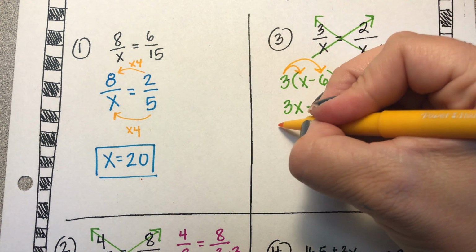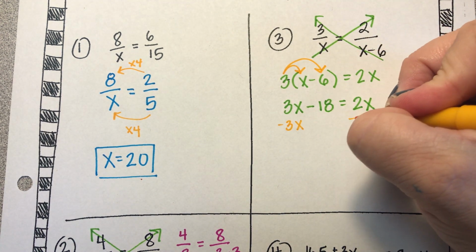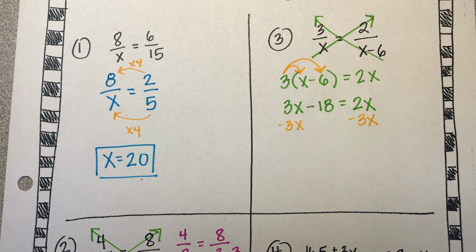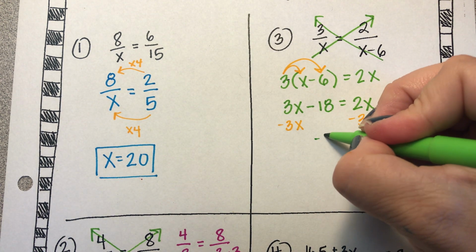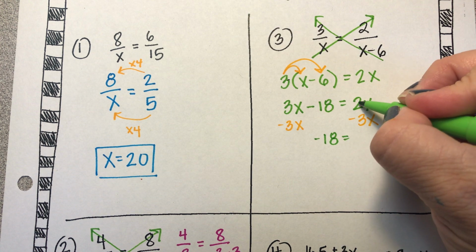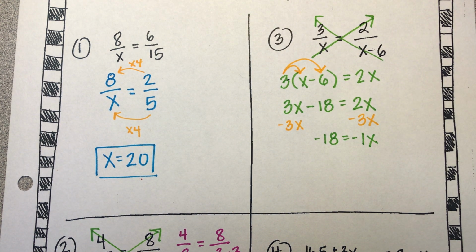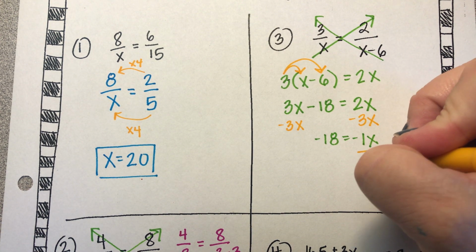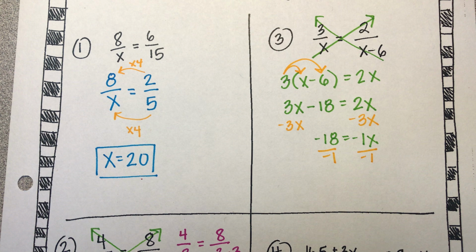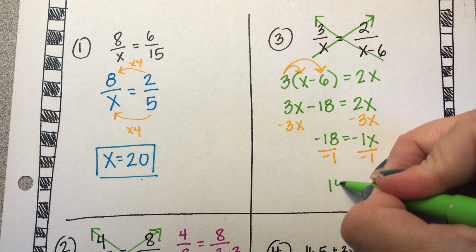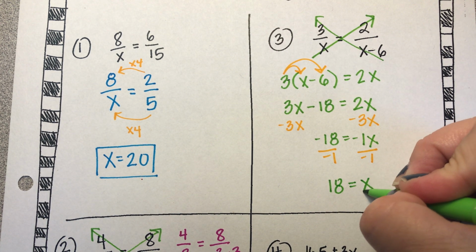And I'm just going to take away these 3 x's. And now I have negative 18 equals 2 minus 3 is negative 1x. But I don't want negative 1x, I just want regular x. So I'm going to divide both sides by negative 1, and I get 18 equals x.